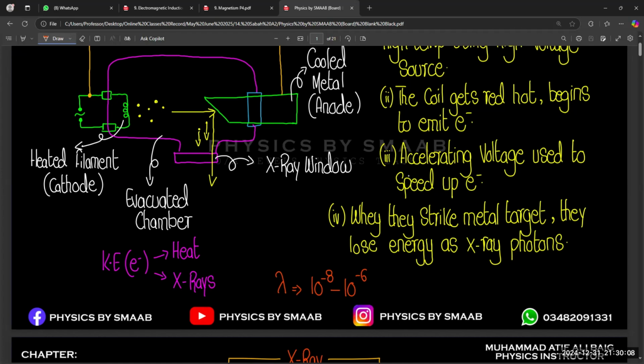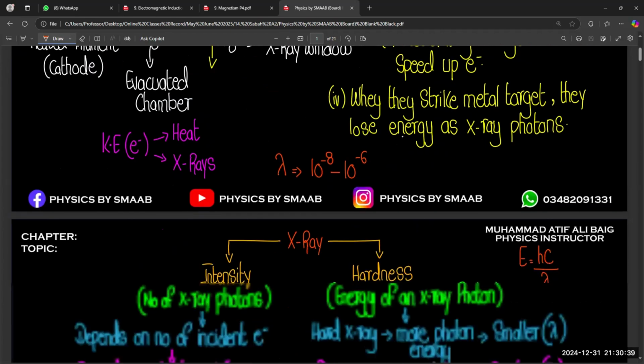Wait, what does the chamber have? Is it empty? Basically, this is evacuated, so there will be no air particles. Is it possible to make a vacuum on Earth? Basically, it is not 100% vacuum, but 99.9% we can make it easily, because now we have advanced pumps, just like a vacuum cleaner.